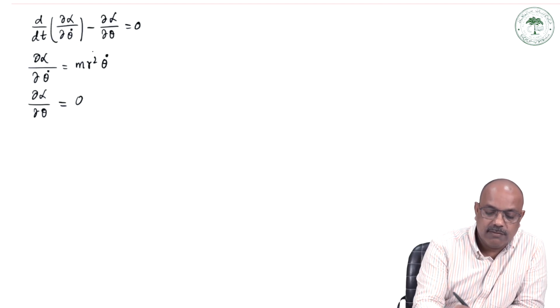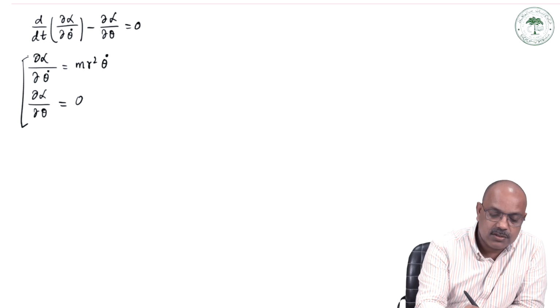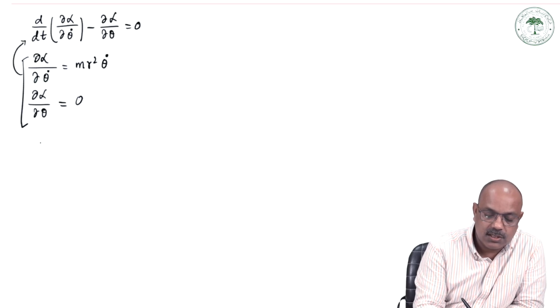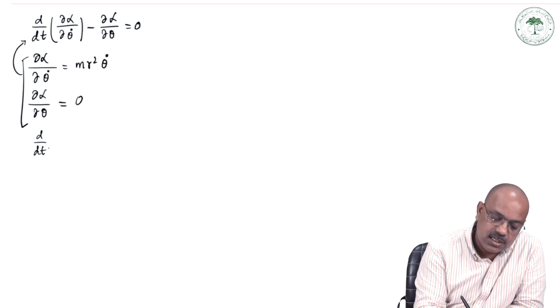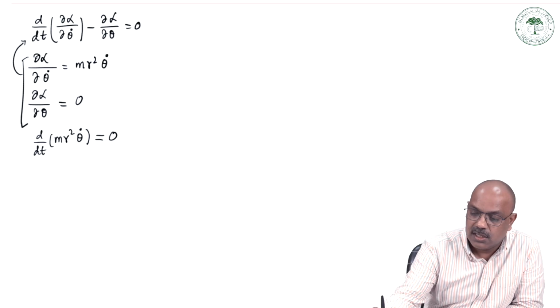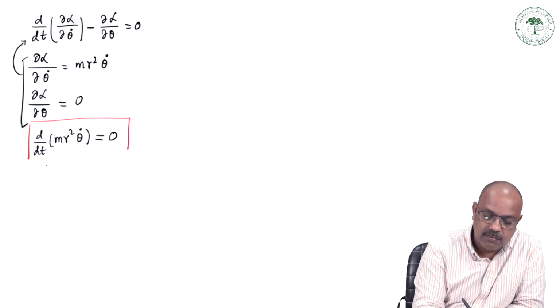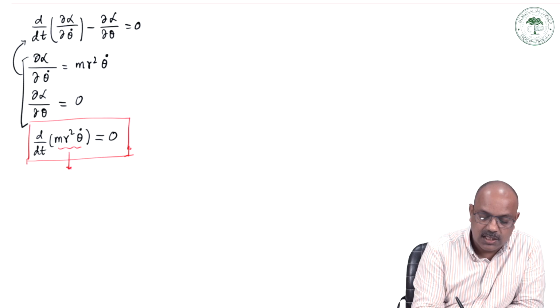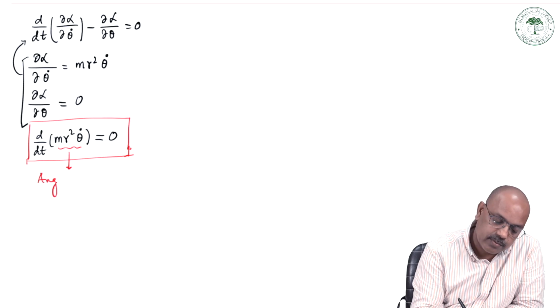So now if I put these two here, because one is 0, I have d/dt of m r² θ̇ equal to 0. This is a very well known equation, because this quantity is nothing but angular momentum.